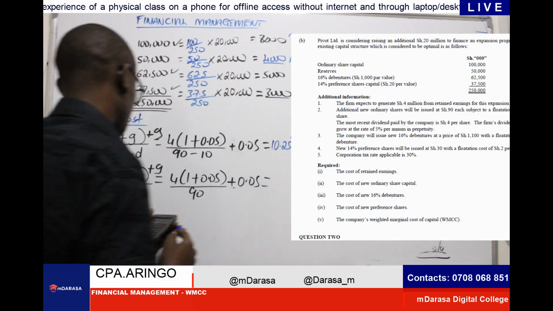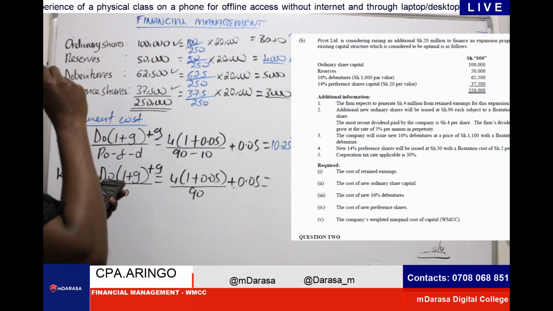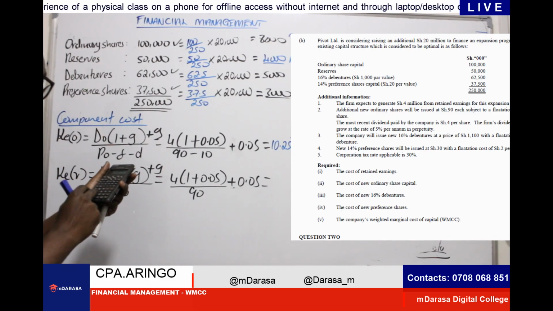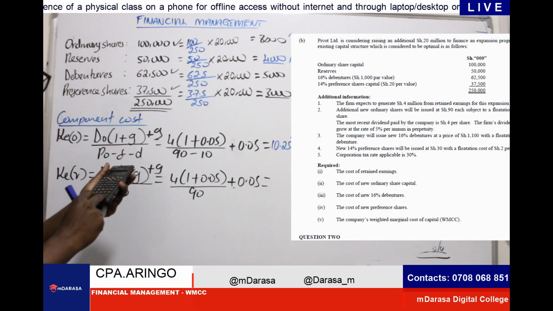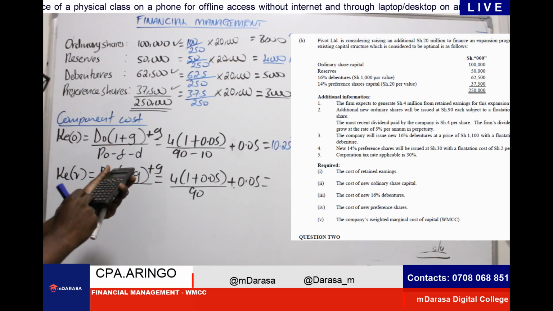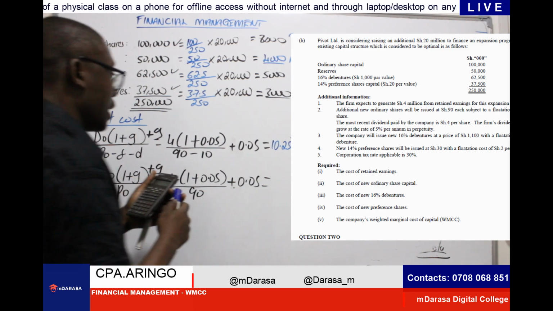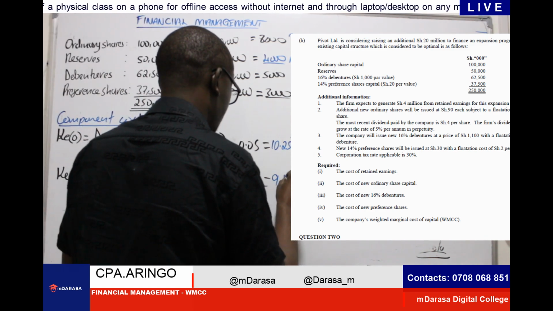What about the cost of equity retained earnings? We get a value of 4 times 1.05 divided by 90 plus 0.05, which would give us a value of 9.67%.